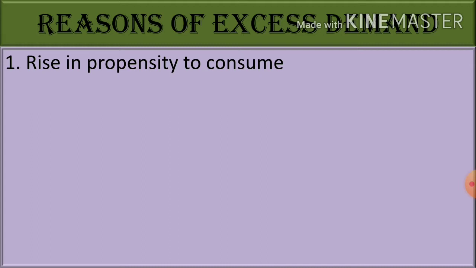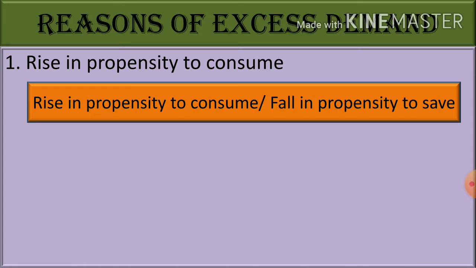Now, if there is a rise in propensity to consume, or a fall in propensity to save, because we know that Y is equal to C plus S, that means income will be consumed and the remaining part will be saved.